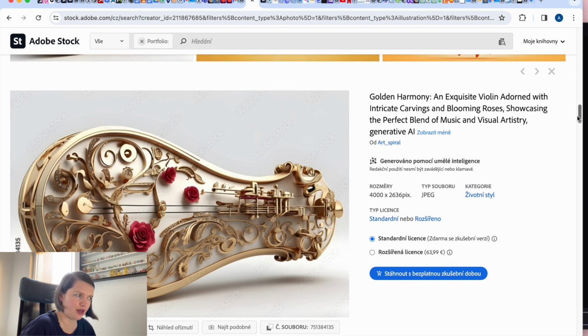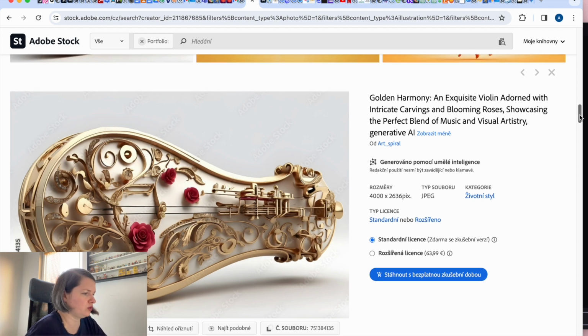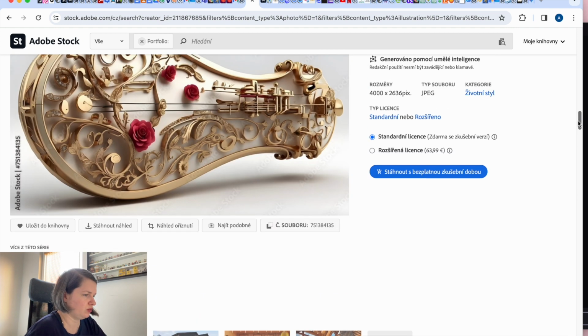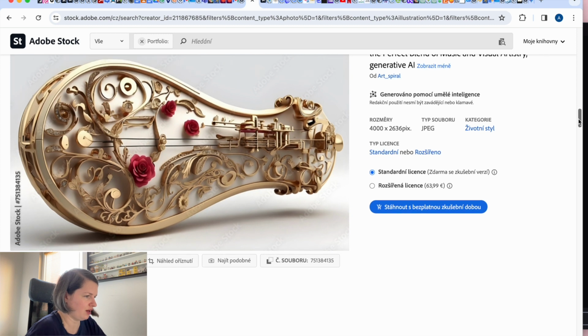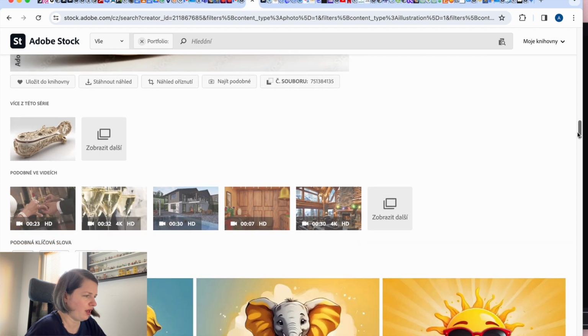So you can have a special looking violin with flowers or whatever, but it has to look like a violin. You can be creative there, but it still has to look like the object that you are trying to sell. And to me, it really doesn't look like a violin. And a violin probably doesn't have two strings also, you know.